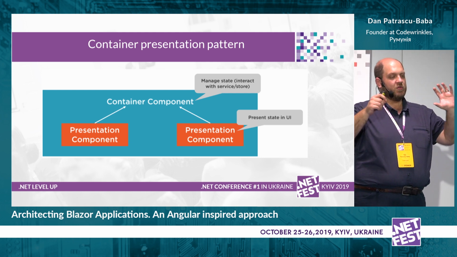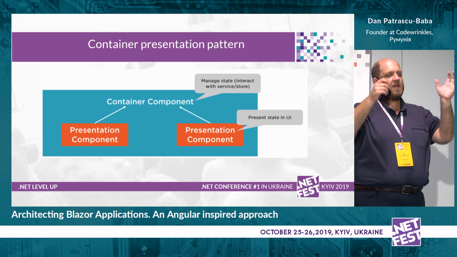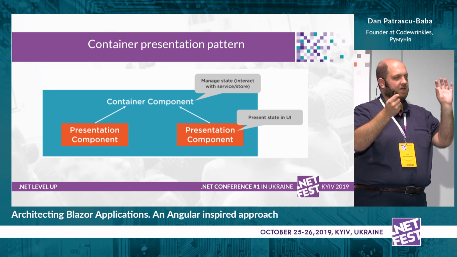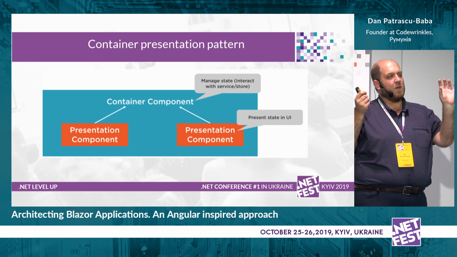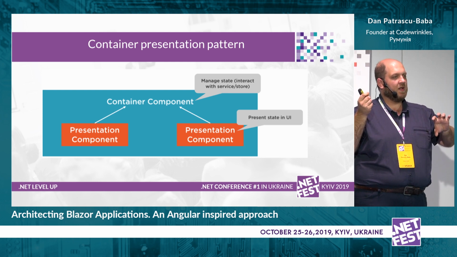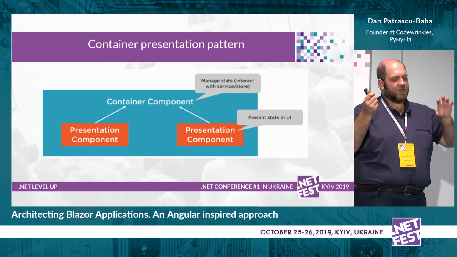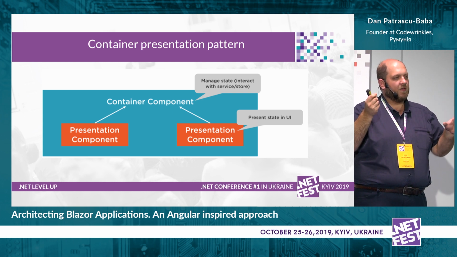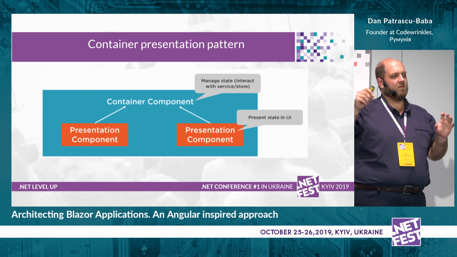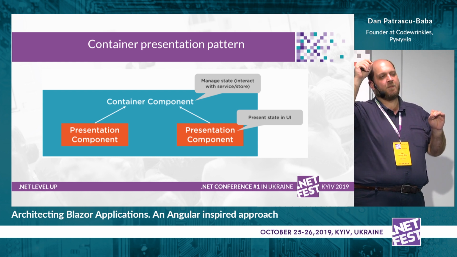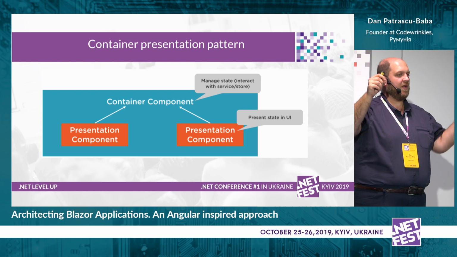So basically what we do is that from the parent we handle state, so we get the data that we need. Then through these parameters, we can pass the data to the child component, and the child component is responsible for rendering that data. The other way around, if something happens in the child component, there would be an event callback that would notify the parent component, hey, this has happened.